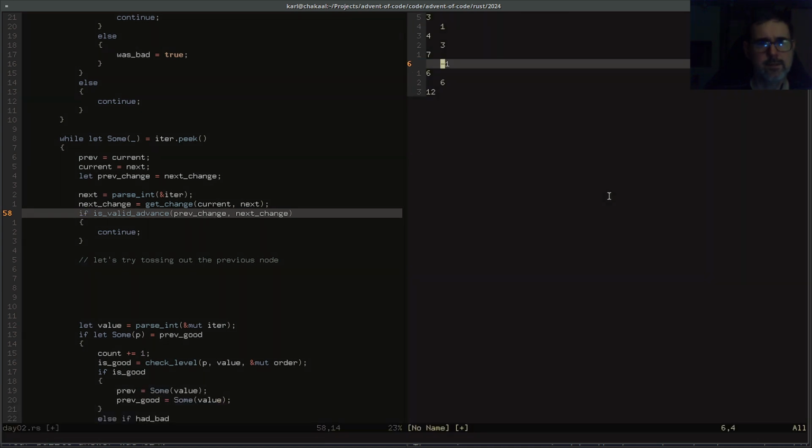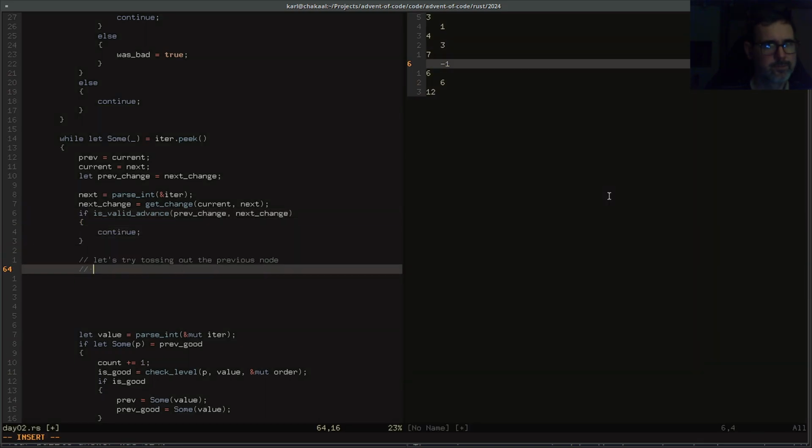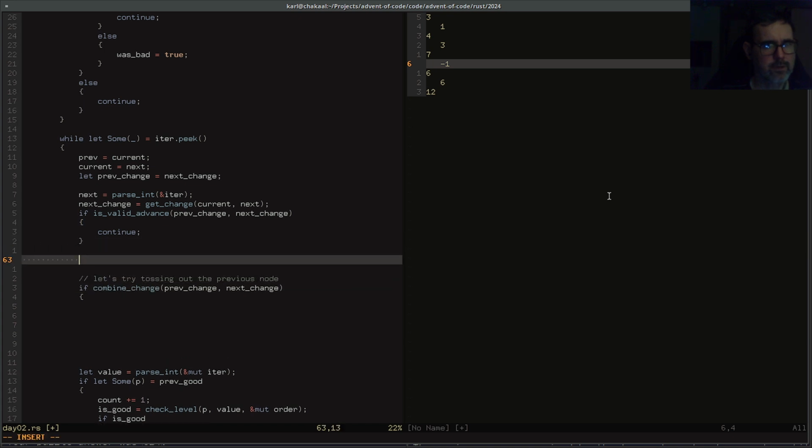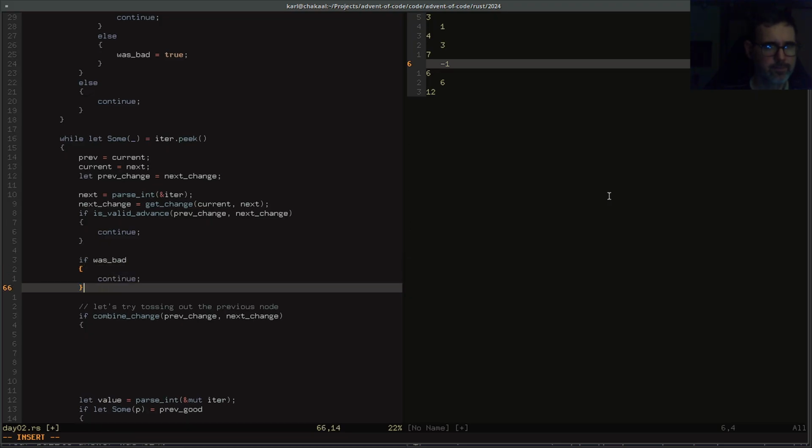So in this case, say we're sitting here, we want to toss that out. So we want to combine, I guess, the previous change and the next change, right? Then, and actually, what we can do here, we can early exit. If we were already bad, we can continue.